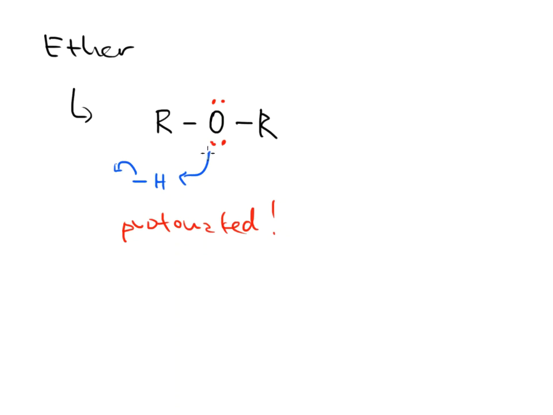And that protonated ether now turns this thing into a very good leaving group. Up until that point, though, ethers are going to stay intact. That ether is going to connect those two carbons together and hold hands with them. But when we protonate it, we now disrupt that relationship. And that protonation turns this thing into a very good leaving group, and that group will end up leaving the molecule. Very similar to what alcohols did, right?